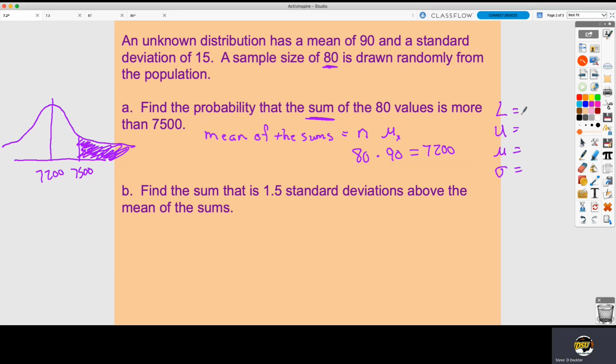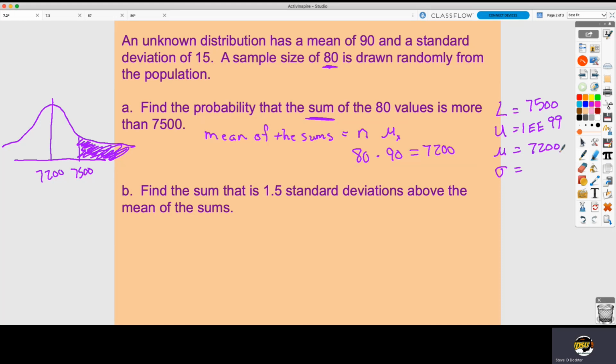Our lower is going to be what here, based on what we're given? This is going to be 7,500. What is our upper going to be, based on that graph? Right, we have to type in 1 EE99. Then our mu, we already said, was 7,200.